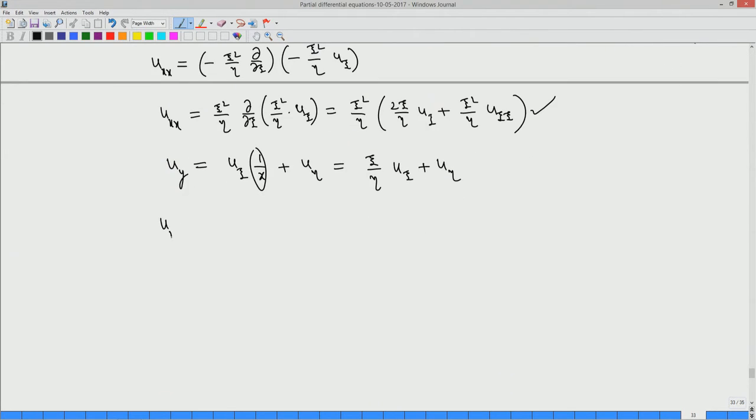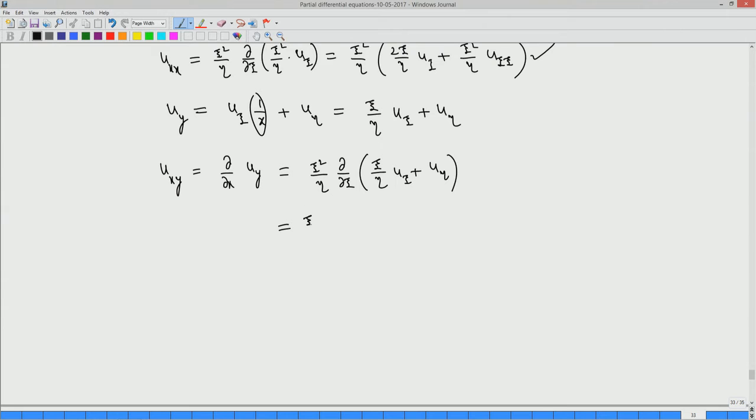Now, you can calculate uxy, that is dou x acting on uy. Dou x we know, that is minus xi square by eta dou xi, and uy is xi by eta u xi plus u eta.